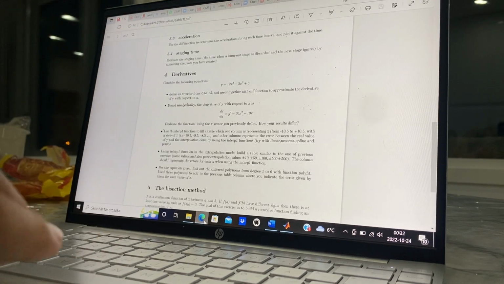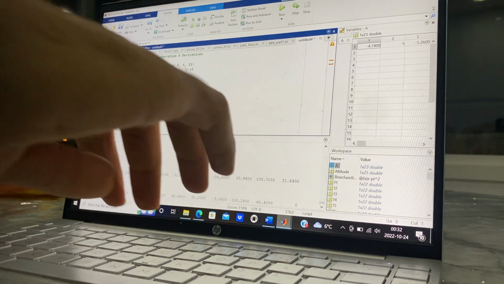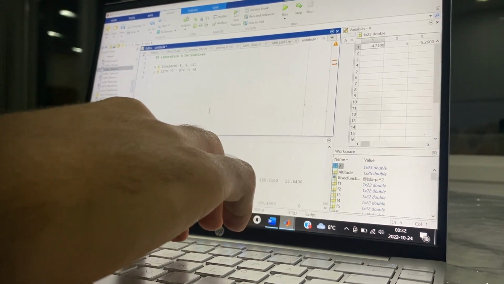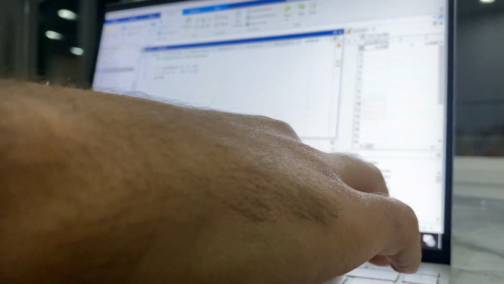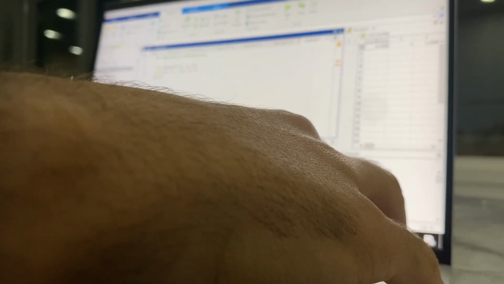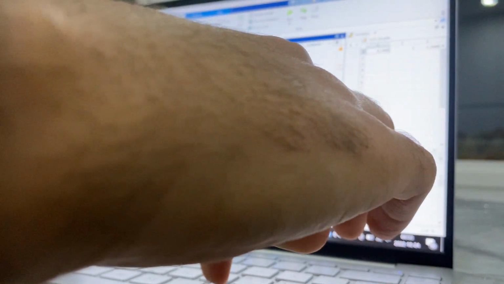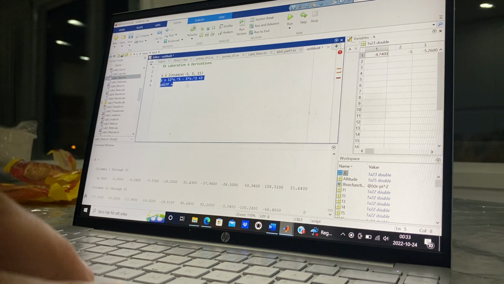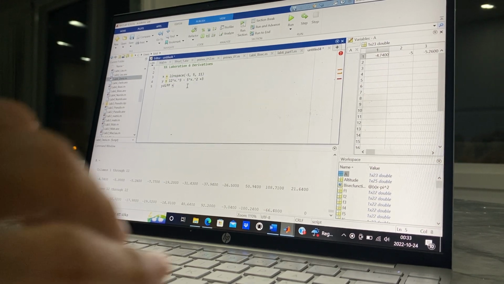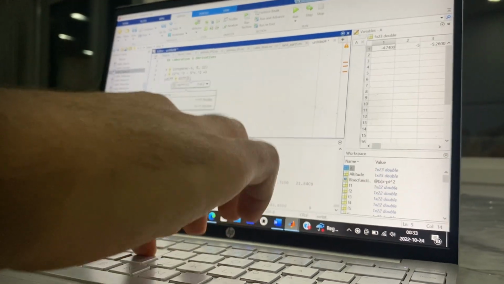So the diff function, I will use it to create the derivative. y diff equals the diff of y, so the difference of y at the different x values that we put in this equation.